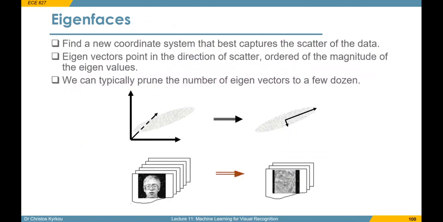Looking in more detail, the EigenFaces idea is to find a new coordinate system that will capture the more meaningful distributions in the data. The eigenvectors point to the direction of highest variance in the data, and they can then be used to encompass much of the information contained in the original images.